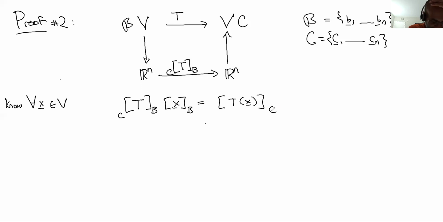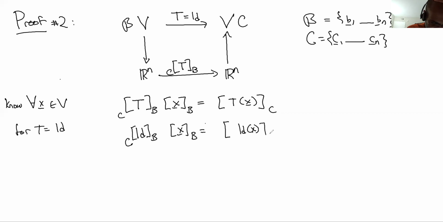Now there's a very slick thing you can do here to derive the theorem for free. The idea is just take T to be the identity, so it does nothing. What does this equation say? It says that the matrix of the identity with respect to this pair of bases times the coordinate vector of X in the input basis is equal to the coordinate vector of identity of X in the output basis, which is just the coordinate vector of X in the output basis.